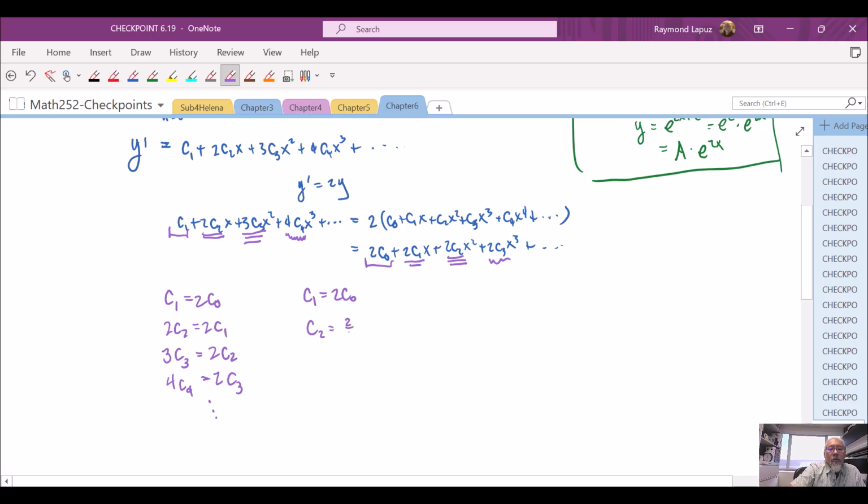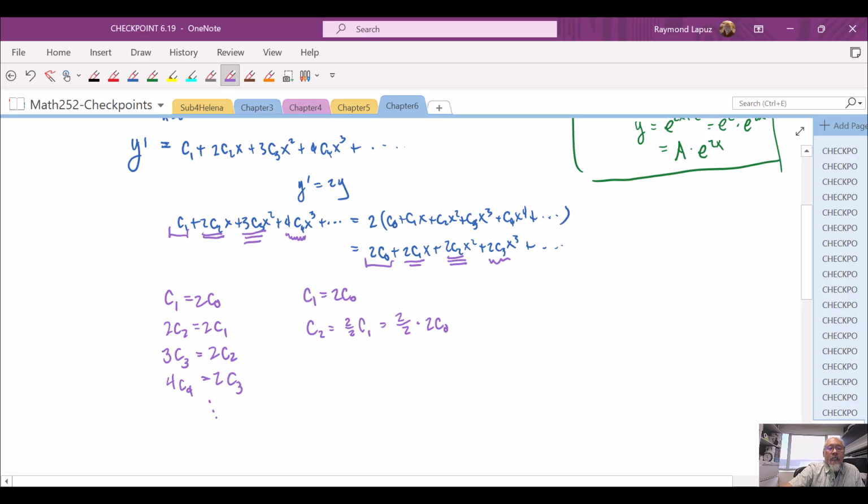This is 2 divided by 2, which is equal to 1, times c1. I know that 2 divided by 2 is equal to 1, but just for the sake of being able to come up with a formula, I might want to leave it as raw as possible so that I can find a pattern. Now c1 is 2c sub 0, so this is 2 divided by 2 times 2c sub 0.